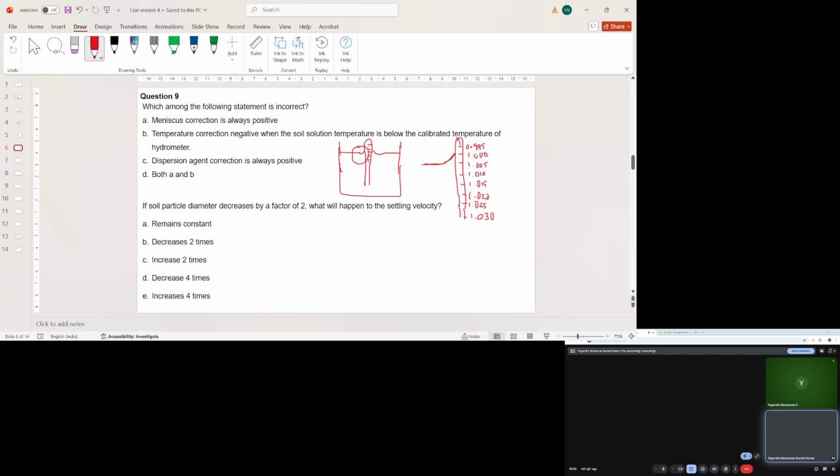But the visible reading is 1.00, and the actual reading which you take is 1.005. Since it is usually water, the meniscus is usually towards upward. So hence the correction needs to be positive.